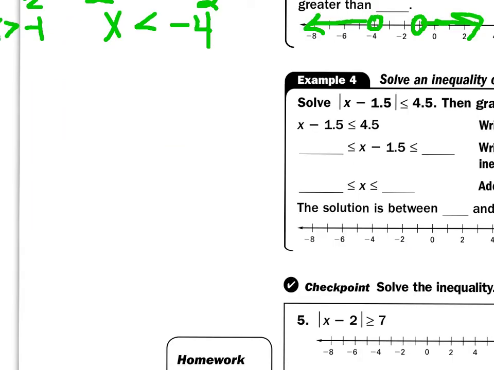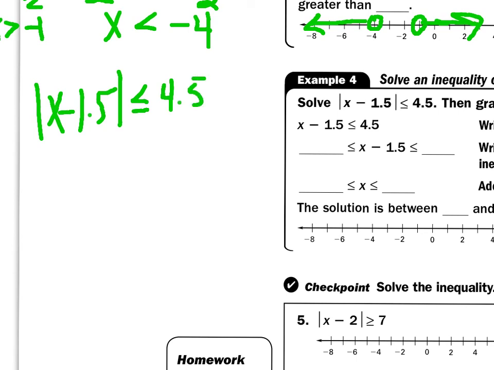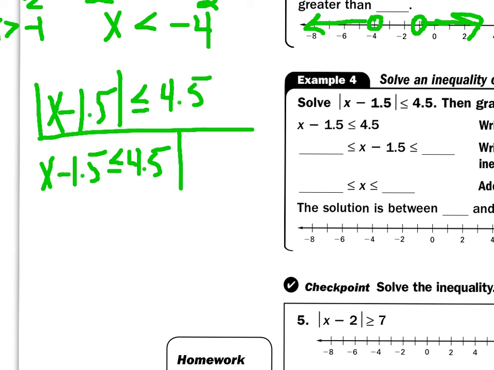Example 4, the absolute value of x minus 1.5 is less than or equal to 4.5. When I drop those absolute value bars, I'm going to have x minus 1.5 is less than or equal to 4.5, or x minus 1.5, flip it, negative 4.5.